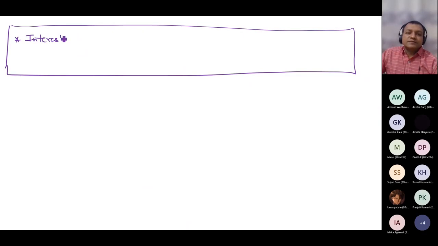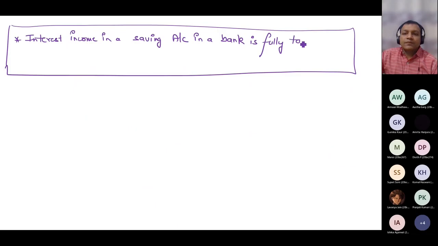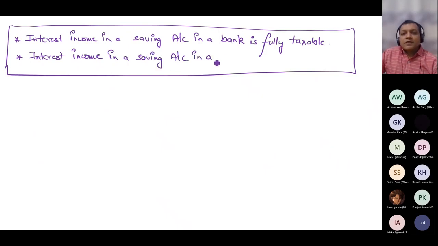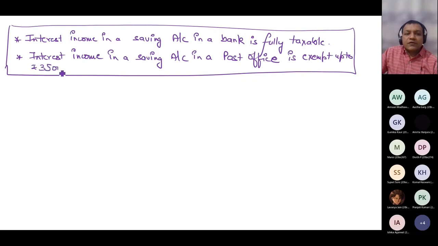So these are points to remember, or you can say highlighted text. Interest income in a savings account in a bank is fully taxable. But interest income in a savings account in a post office is exempt up to rupees 3,500 per year.